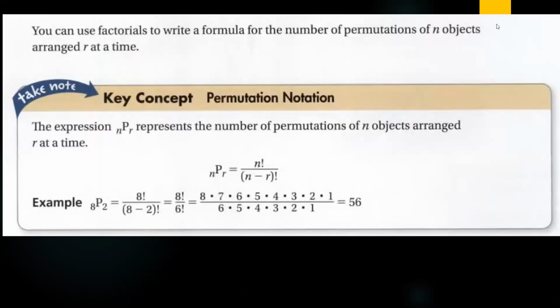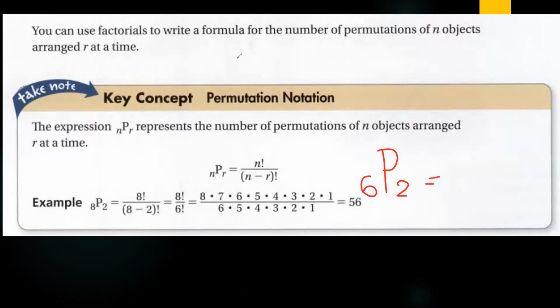Sometimes I ask you, you have 6 books and you want to read 2 of them with order. So when I tell you that you have only 6 books and you want to read 2 of them, you use the permutation of 2 books chosen from 6.